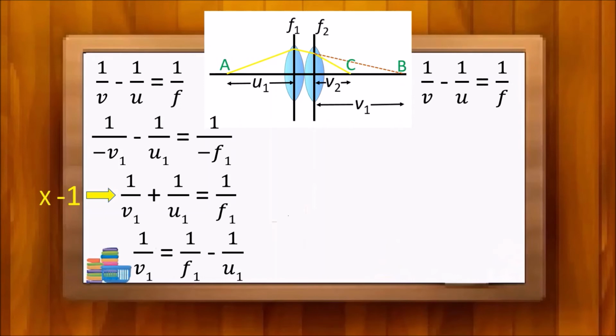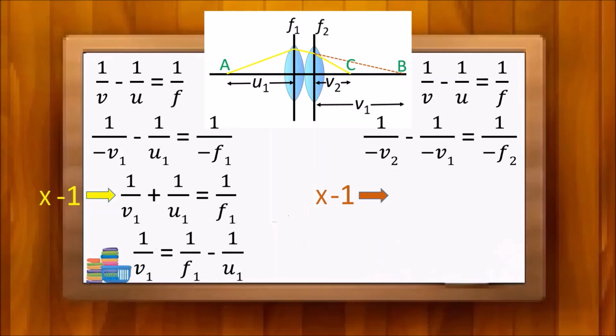Lens formula for lens number 2. 1 over negative V2 minus 1 over negative V1 equals 1 over negative F2. Multiply the whole equation by negative 1 just like before. 1 over V2 minus 1 over V1 equals 1 over F2. Change the terms again.